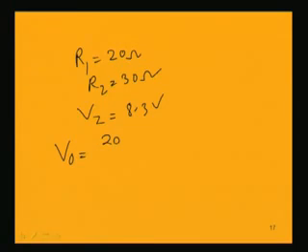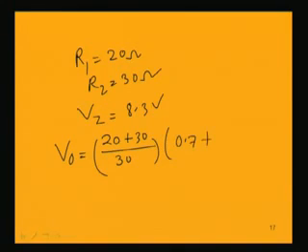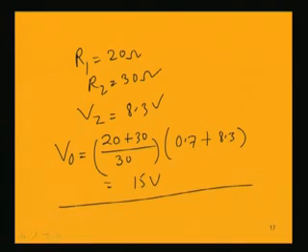It is 20 plus 30 by 30 into VBE, which is 0.7, plus 8.3, which is 15 volt. So the output voltage is maintained at a constant 15 volt, and the fluctuations which may arise due to change in the supply voltage or the load current change are taken care of by this transistor.